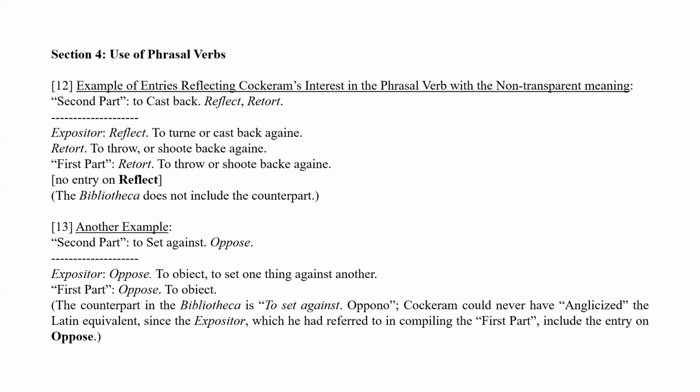Such head phrases can be classified into two groups. The one concerns phrasal verbs with transparent meaning, such as "go back" and "throw down", and the other those with non-transparent meaning, such as "put out", meaning extinguish, and "run away", meaning flee.